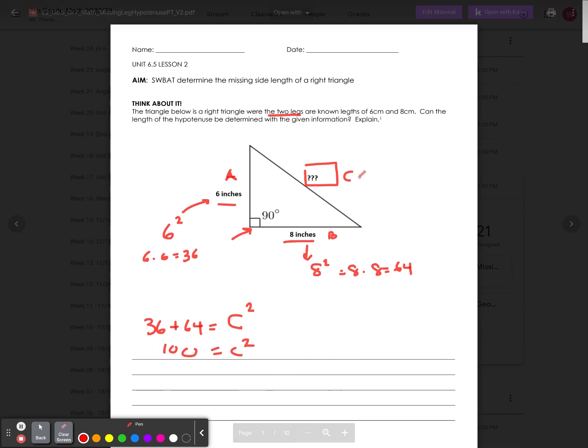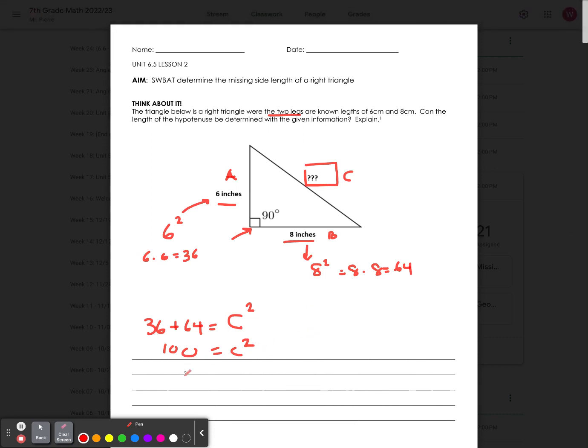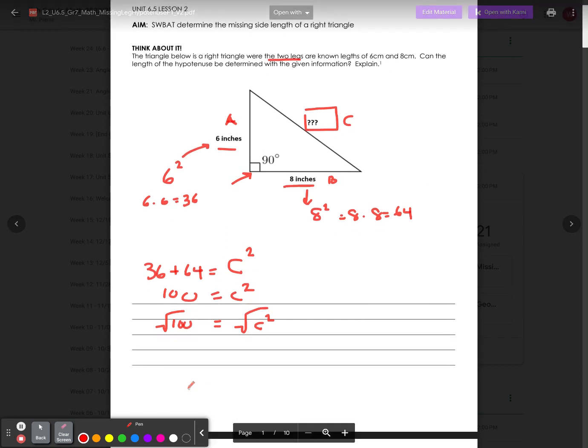That's just the hypotenuse. And so to figure out what C is, we would have to take what's called the square root of 100, because that's the opposite of this exponent of squaring. And that would tell us what C is equal to. And so if we are asking ourselves, hey, what number times itself is equal to 100, what would you say?